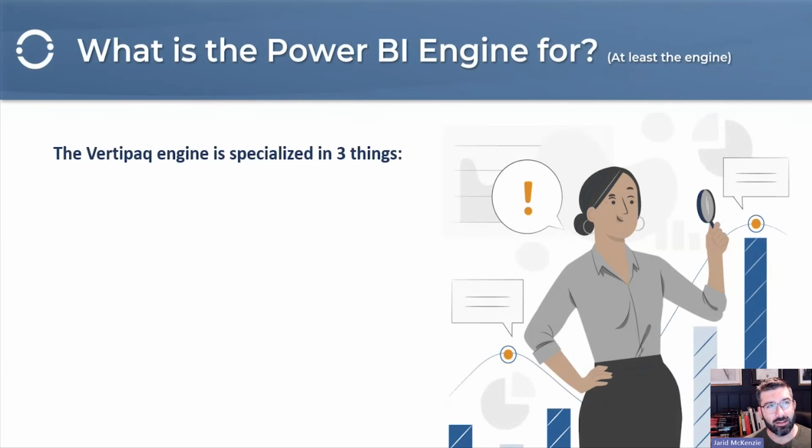What is the underlying Power BI engine? It was originally called the VertiPaq engine. I think when it first came out in 2012, or at least in SQL Server 2012, it was called Denali as its code name. But it was used for three main things, and they found that when most business users were doing analytics, they were doing these three things.